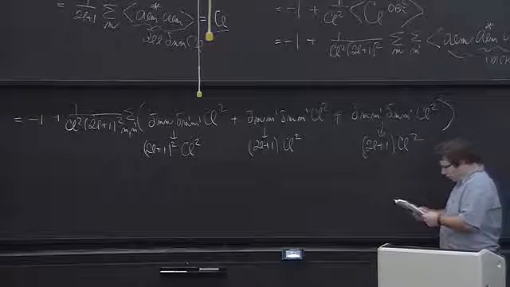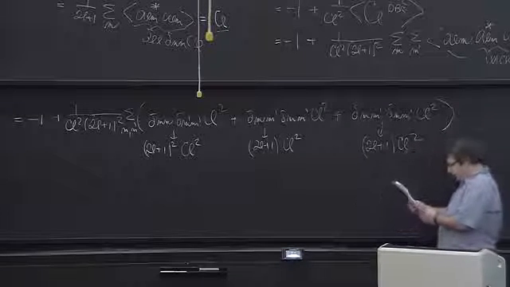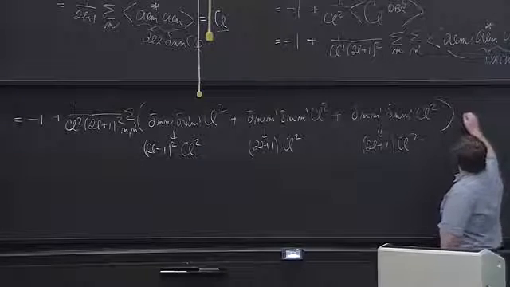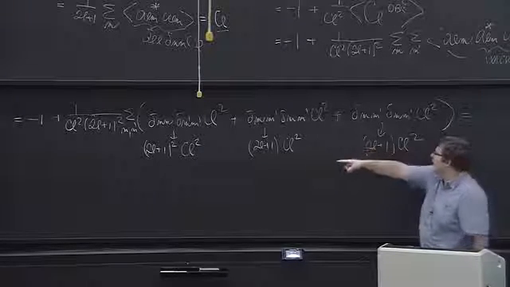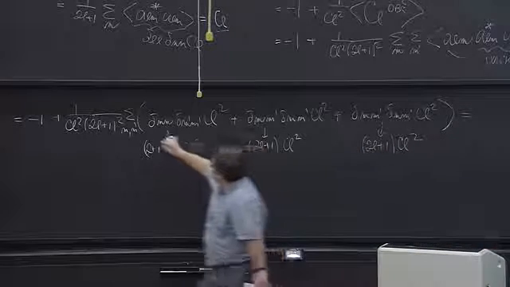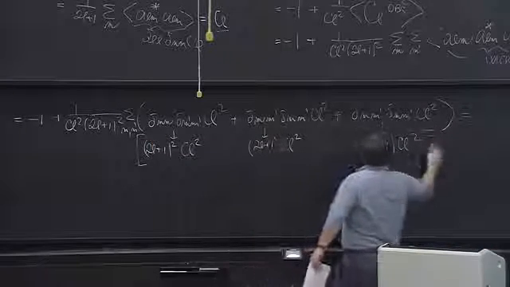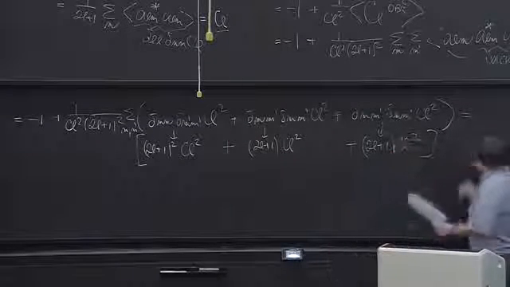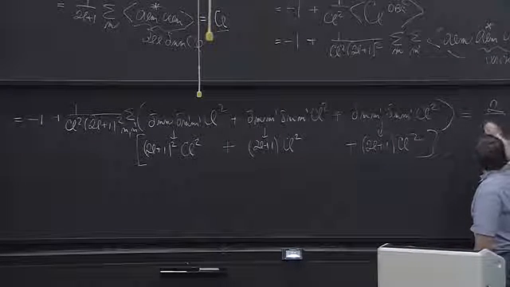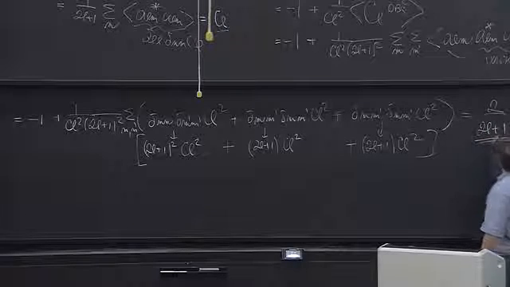Okay? So we have, if you sum everything together, minus 1 over CL square (2l plus 1) square, and then in this bracket, it's these things here. And if you do it, you find that this is equal to 2l plus 1.